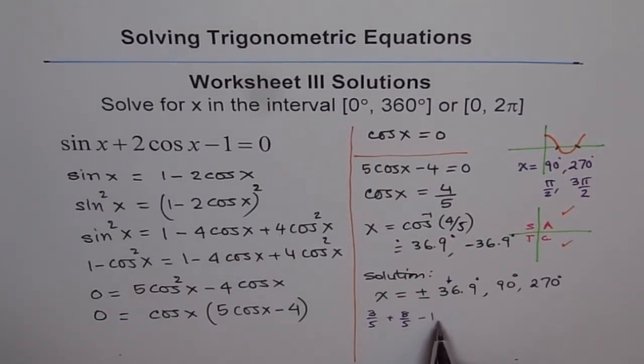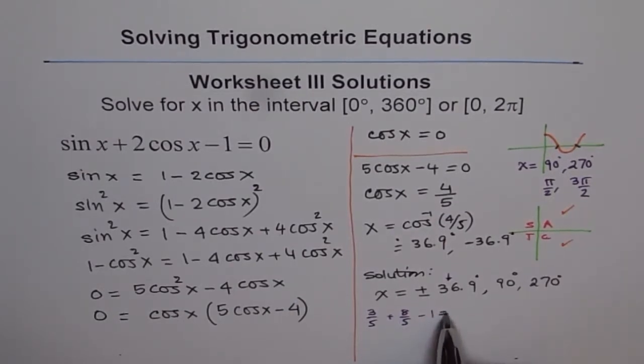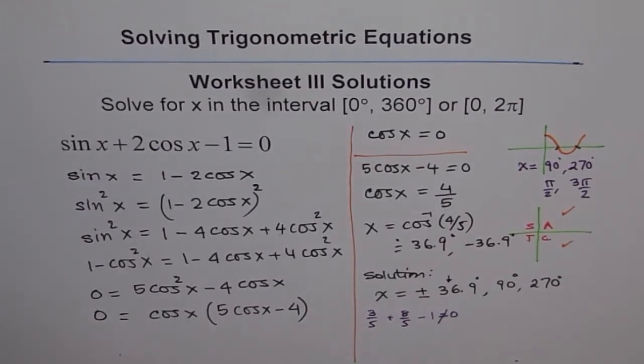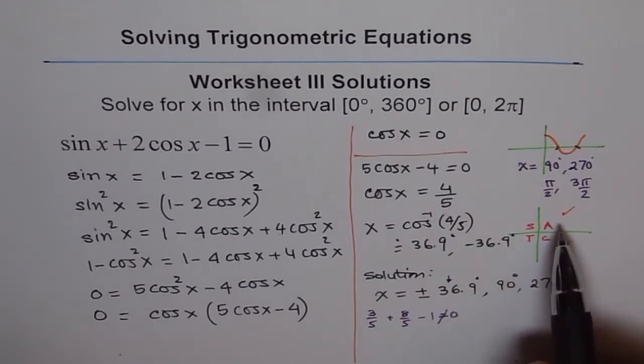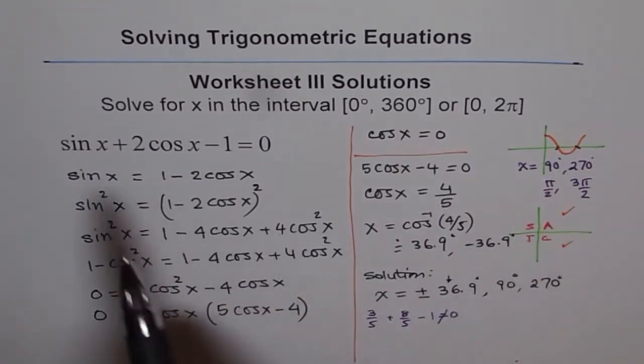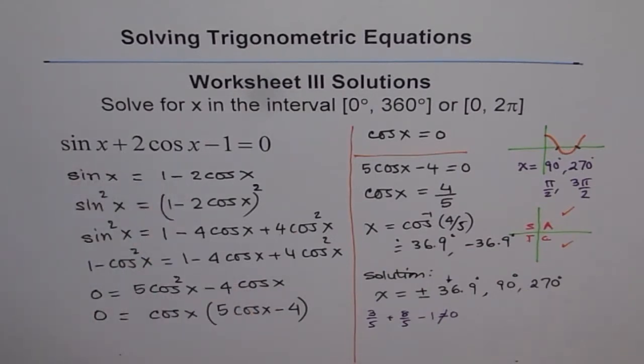So plus 36.9 is incorrect, and that is not equal to 0. Do you understand now why checking was important? When we added plus 36.9, we got 11 over 5 minus 1, which is incorrect. In this quadrant, all are positive, correct? If you add positive and positive numbers and 2 times one number, you're not getting the right answer.